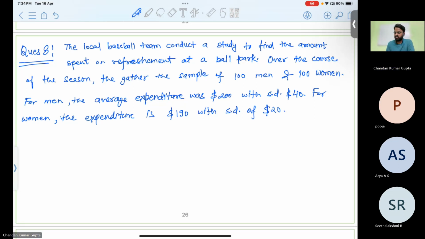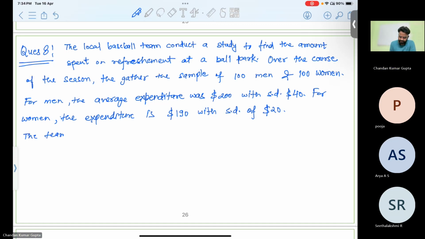Now the team owner claims that men spend more than women. Check the hypothesis at 5% level of significance. So let me write the whole question.